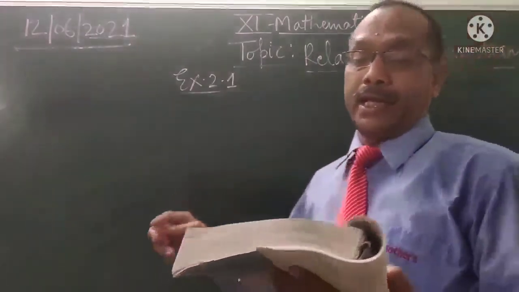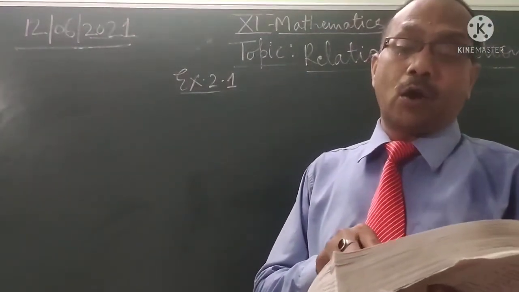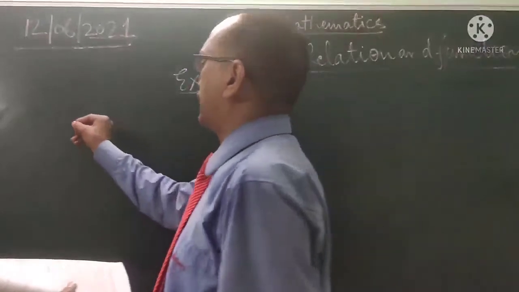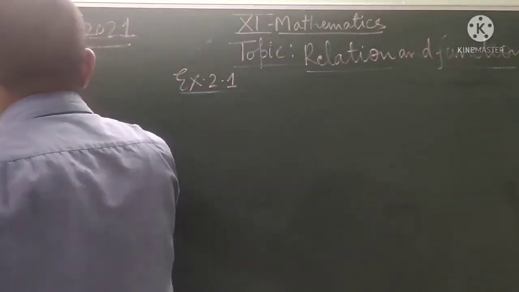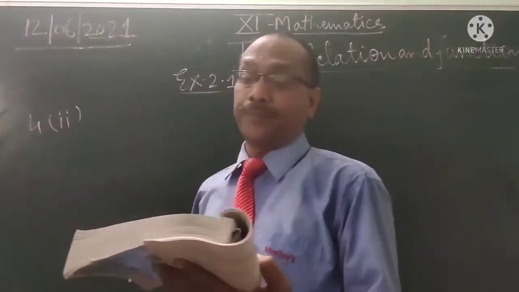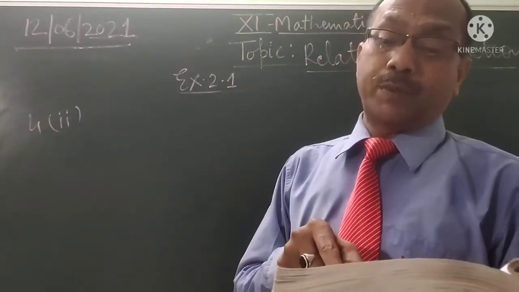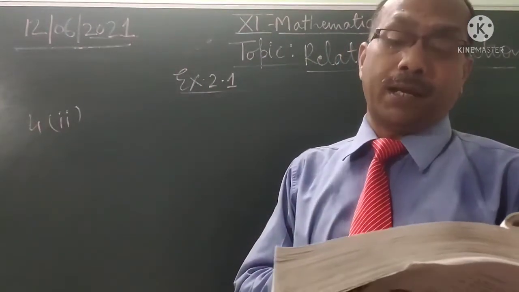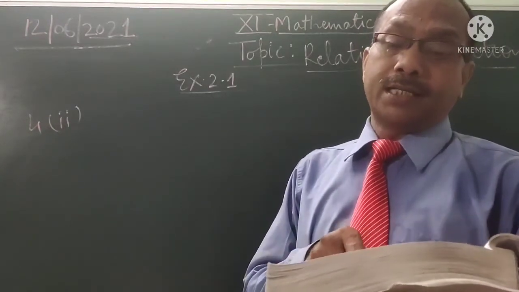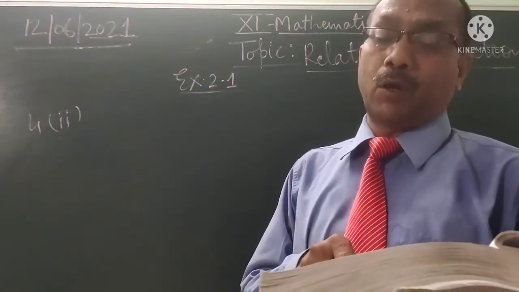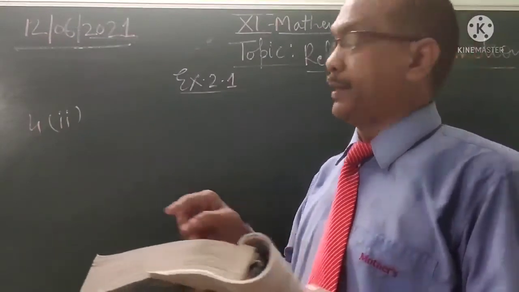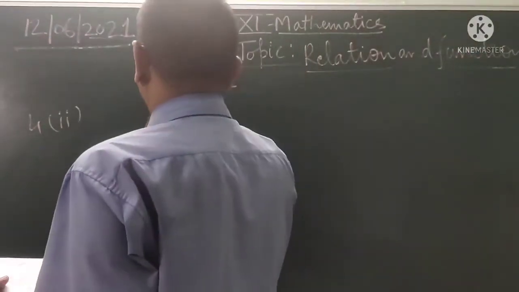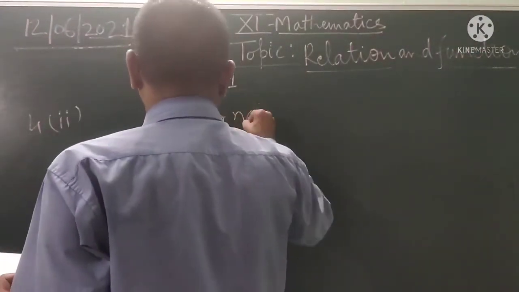This is the second part of question 4. If A and B are non-empty sets, then A cross B is a non-empty set of ordered pairs (x, y) such that x belongs to A and y belongs to B. So here A and B are non-empty sets.